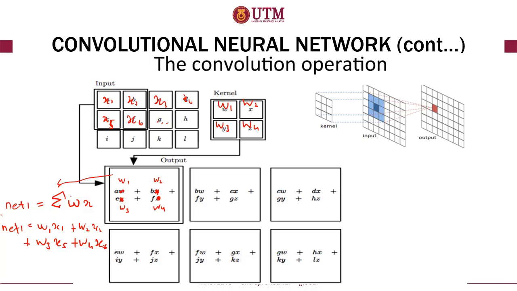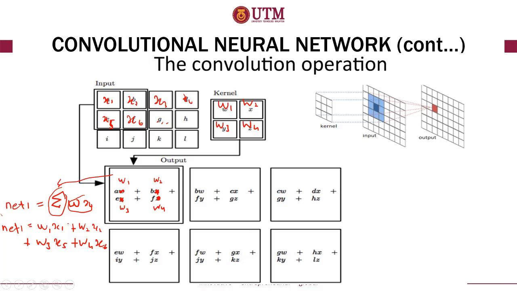So in other words, in the convolutional operation, the operation is almost similar. It's not fully similar, it's almost similar, because they are implementing a summation of products between w and x.